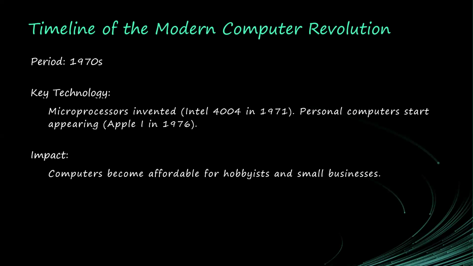Remember, before 1976, computers were just for business people and government because they were very costly, so not everybody could afford them. But in the 1970s, computers became affordable for people who could use them for hobby and for small business. The first one was the Apple One in 1976.